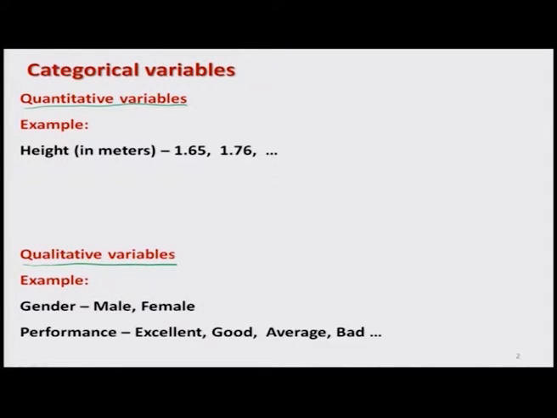Variables are the ones on which we try to collect some data or numerical values. For example, if I say my variable is height, then I try to collect the data on the height of persons. Suppose my variable here is height, and I am measuring the height in meters.